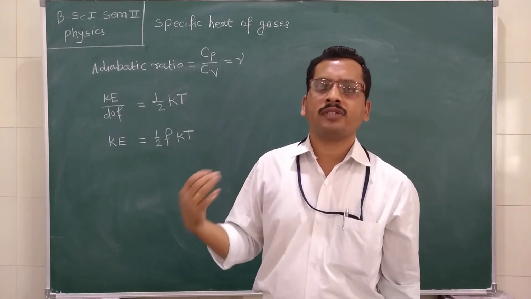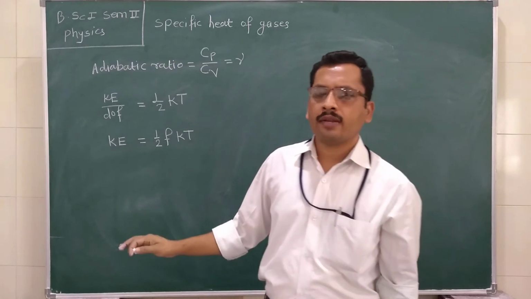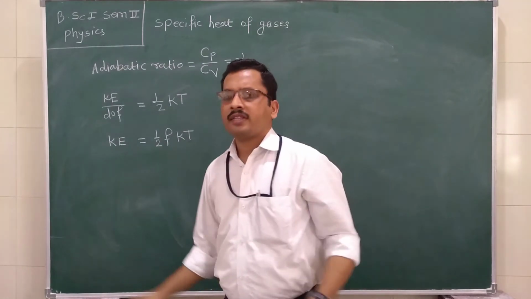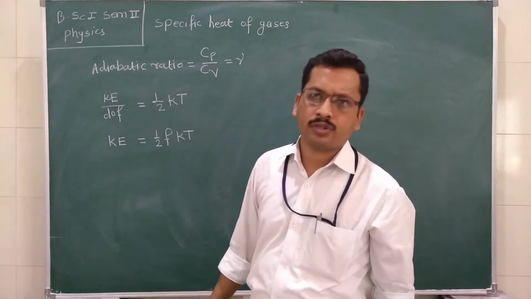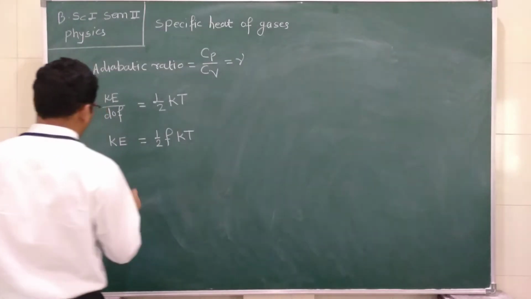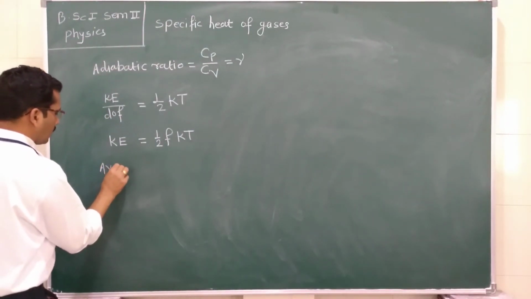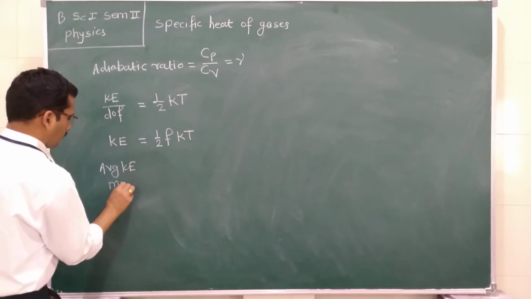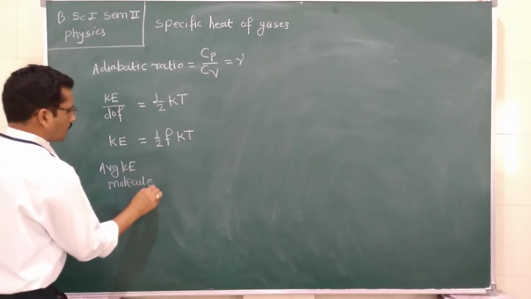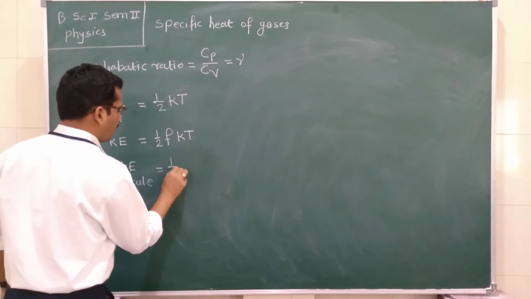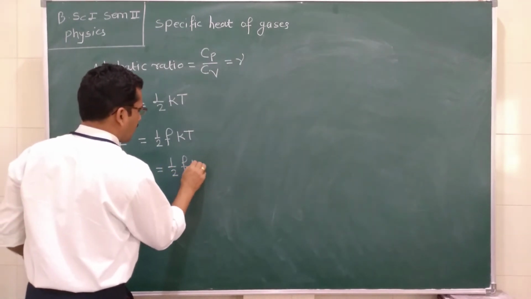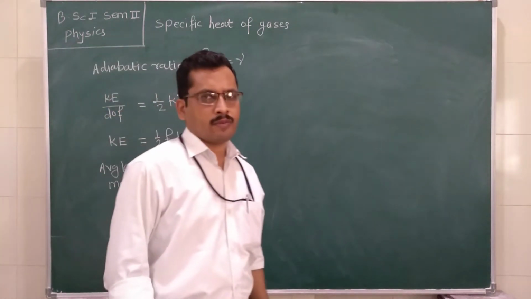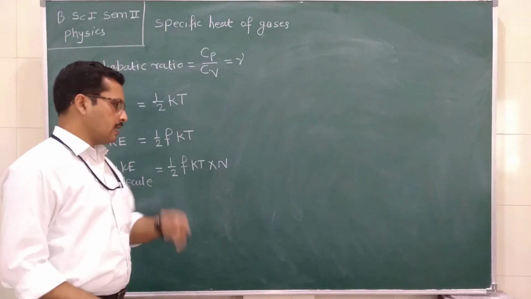If we want to see it for 1 mole, then we must multiply this equation by the Avogadro's number, N. So the average kinetic energy per mole is 1 by 2 f kT multiplied by N, where N is the Avogadro's number, the number of molecules in 1 mole.